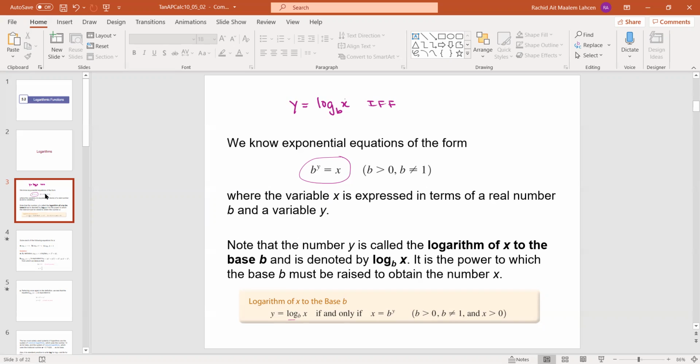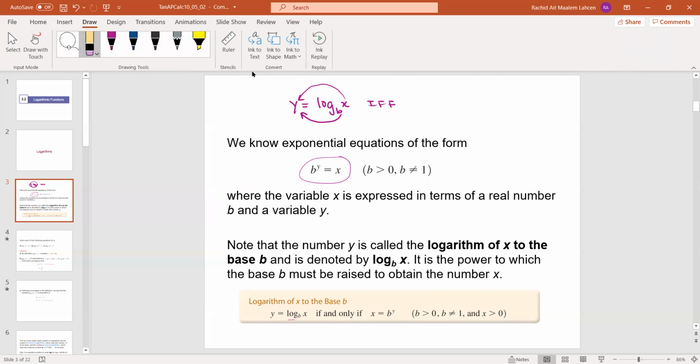This base is going to stay the base, right? If and only if, start with the base b power y equal to this inside here, x.